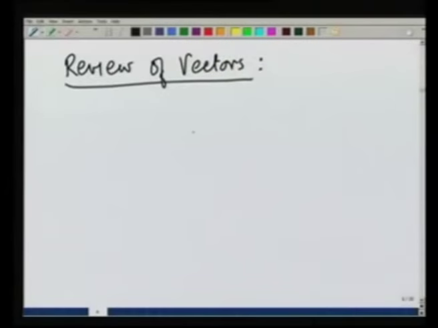I am sure most of you have learnt about it in your 12th grade, but we will now make it slightly more sophisticated. Why do we need vectors? It is because there are certain quantities which have magnitude as well as a direction.